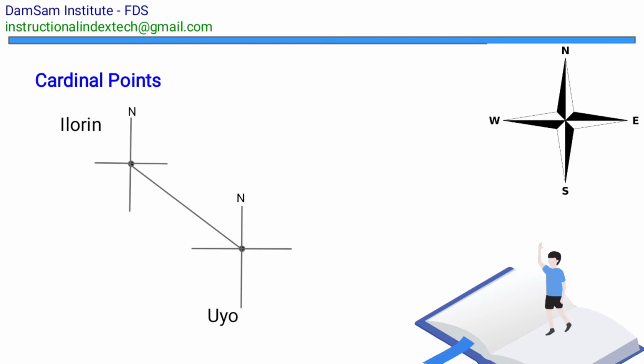That would form an angle that is greater than 90 and it will not be up to 180. So also that of Uyo, coming from the north, moving clockwise to join that straight line, we are going to have an angle that is greater than 270, but it will not be up to 360.